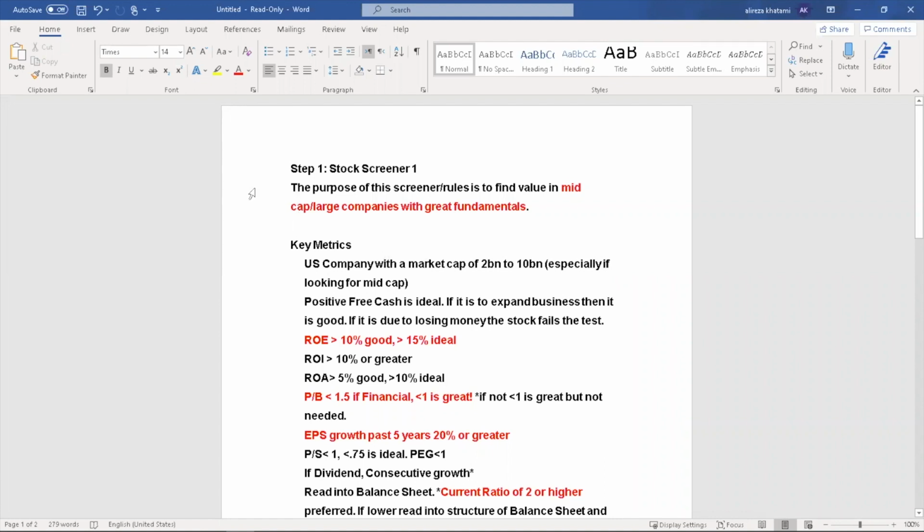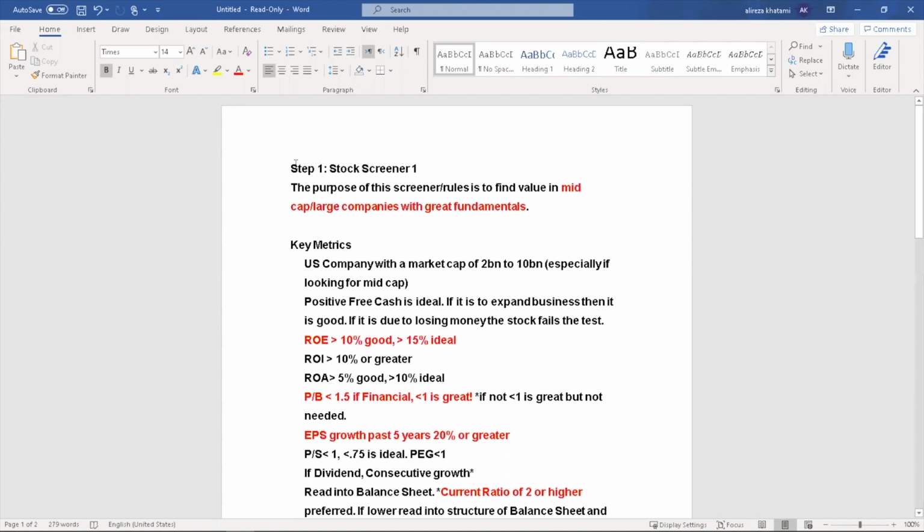So the first thing you want to do is find a stock screener. We have many different stock screeners. We have the paid ones, like you can pay for Bloomberg. That's one of the best screeners you can find. You can do MarketSmith. They have a really good screener too. It's one of the best scans I personally like. You can do Finviz, which is free.